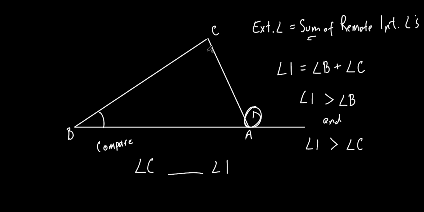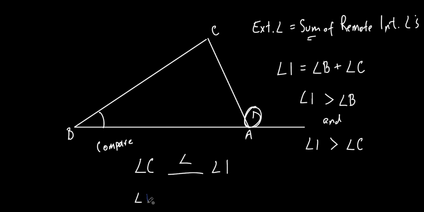Angle C would be less than 1. Angle 1 would be greater than C, but if I put C first, angle C has got to be less than angle 1. So what do I put here? Less than. Okay? You with me on that?